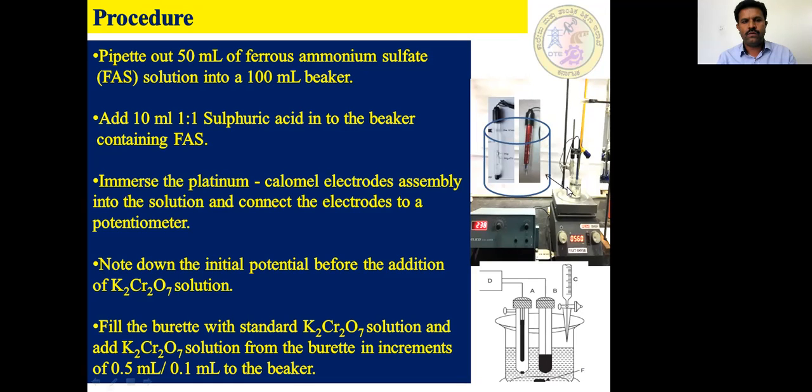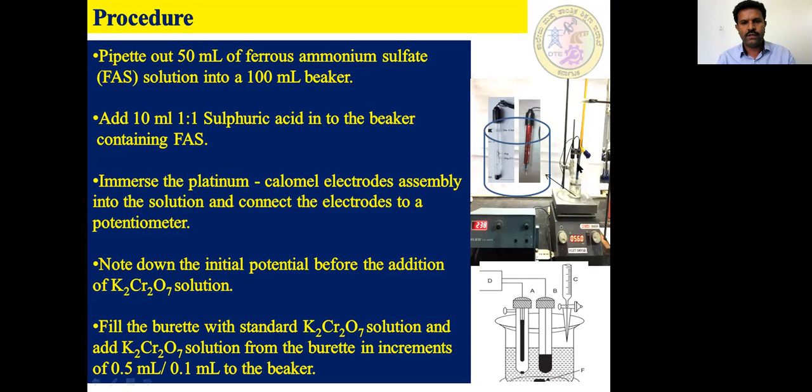And then we should add 1:1 sulfuric acid, about 10 ml, into the beaker containing ferrous ammonium sulfate solution. This sulfuric acid helps to maintain the acidic condition that is required for the redox reaction.